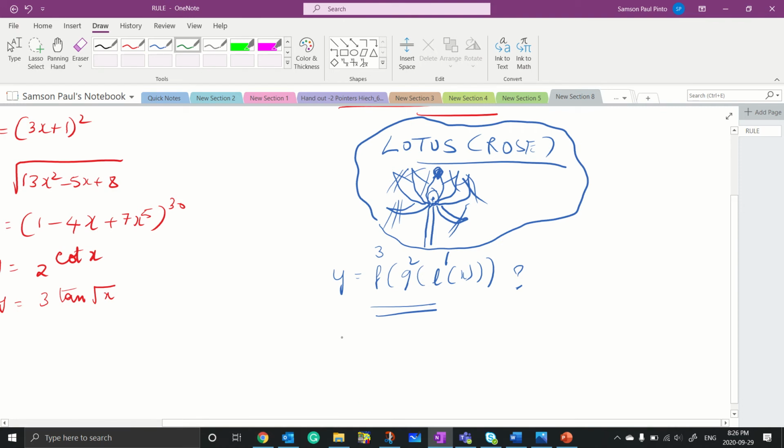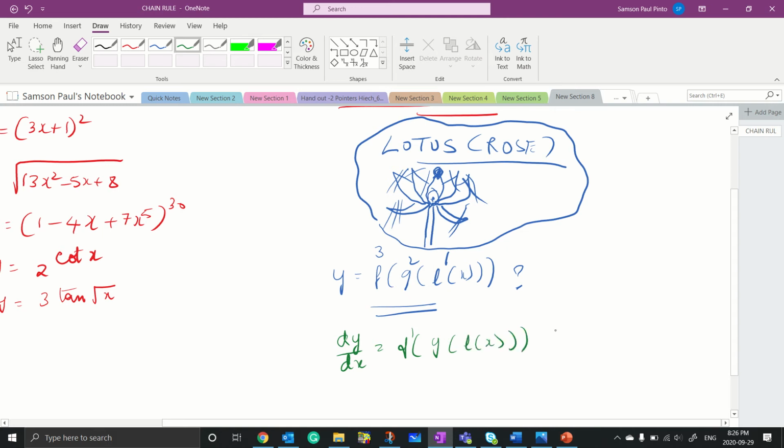So when you differentiate, you differentiate the outside function first, f dash of g of l of x.